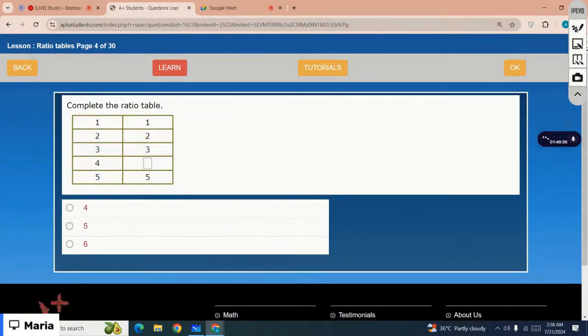So the missing value is 4, right? The missing value is 4. Option number 1 is the correct option.